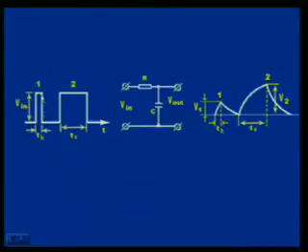The pulse which is of short duration develops a pulse of less amplitude, and the pulse which is of longer duration develops an amplitude of higher value.